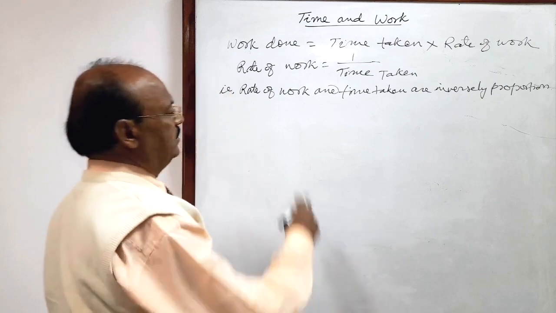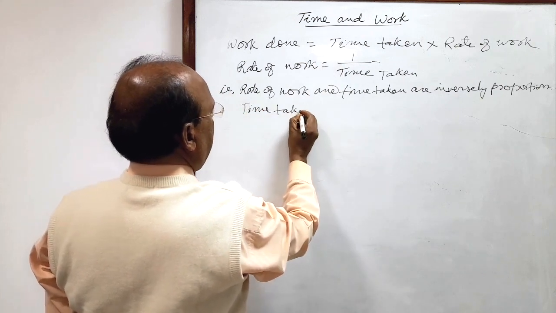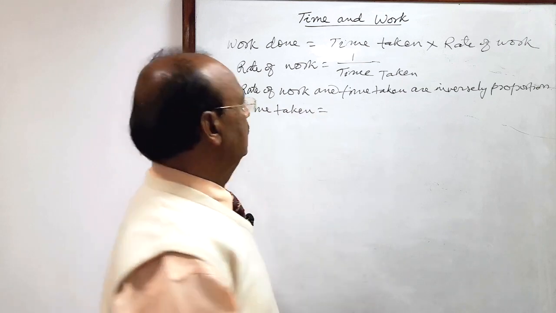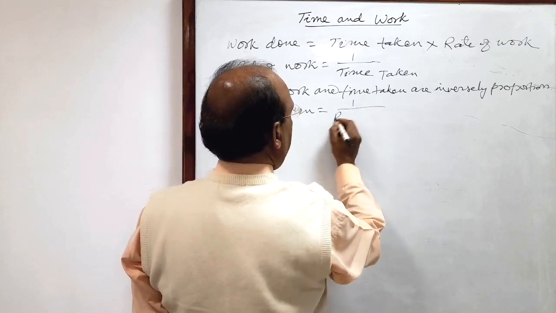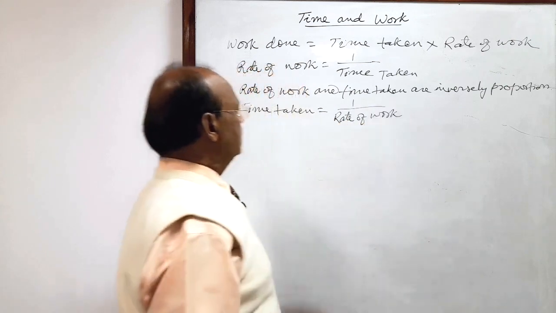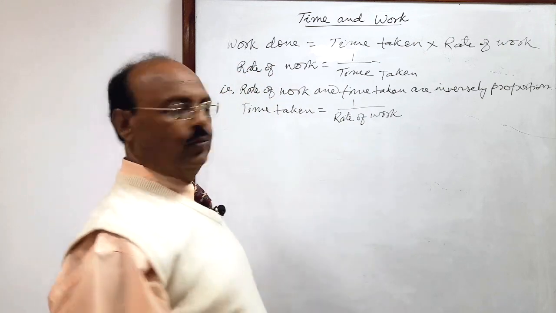We can also write from this formula that time taken for completion of a piece of work is equal to 1 by rate of work. Here also, time taken and rate of work are inversely proportional.